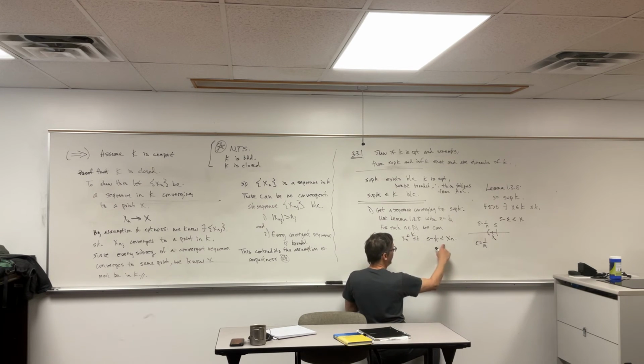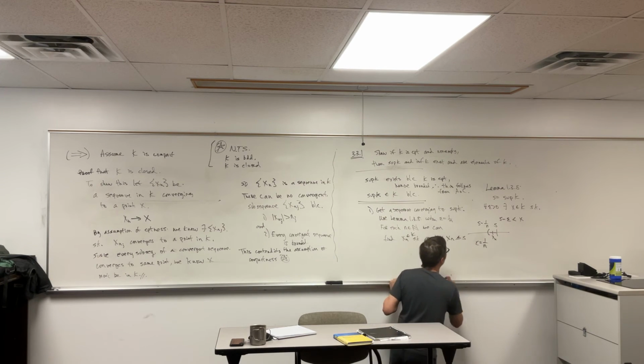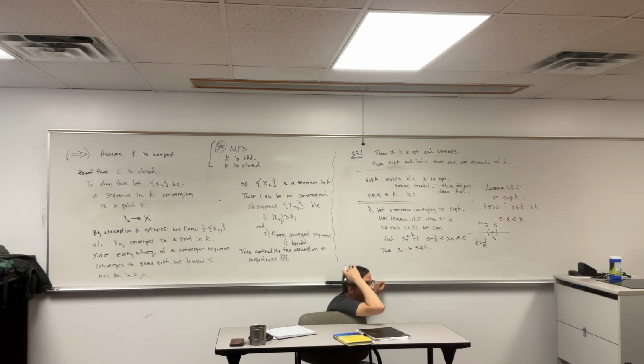I can find some element of the set K, and that's going to have to be less than or equal to S. So that's from Lemma 138. Thus, this sequence x sub n converges to the sup. Does that sound right? Make sure that you believe that. The picture helps. So I have a sequence in K converging to the sup of K.